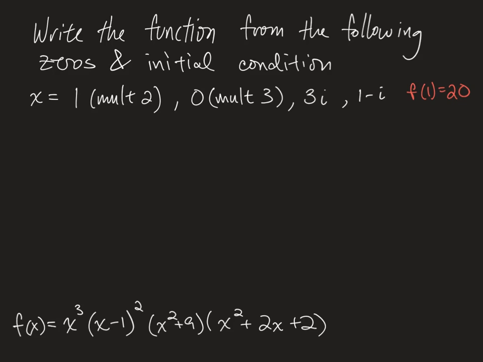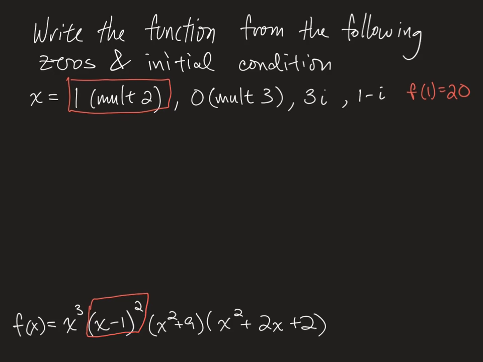I think you can see pretty easily that the 1 with multiplicity 2 corresponds to this factor here. Let me outline that in red. So the 1 with multiplicity 2: if you have x equals 1 and you get a 0 on one side of the equation, subtracting 1 from both sides, you'll get the factor, and the multiplicity is 2, which means the exponent is 2.